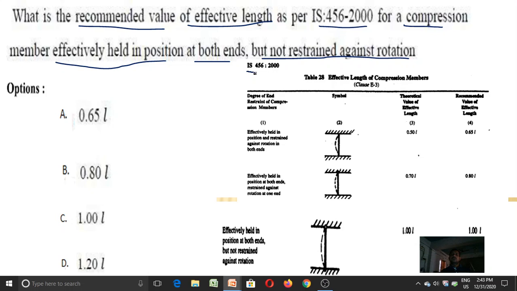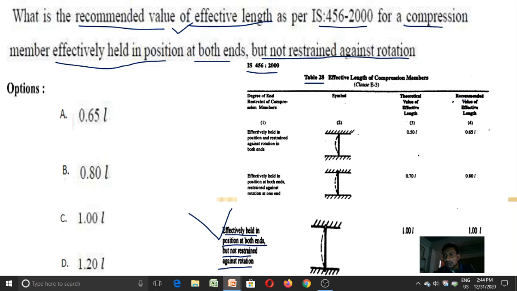As per IS 456-2000, in Table 28, for calculation of effective length of a compression member, they have given some conditions. If you see the third condition, the column is effectively held in position at both the ends but not restrained against rotation. This condition and the question asked here are the same. For this case, what is the recommended value of effective length?